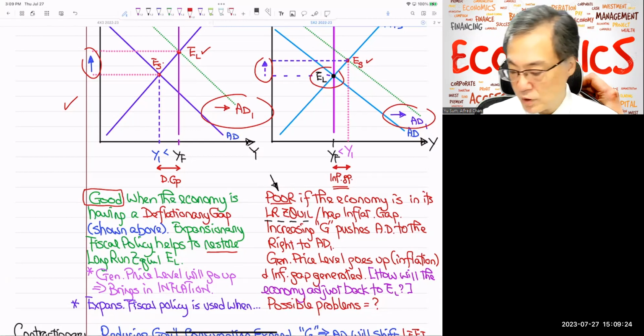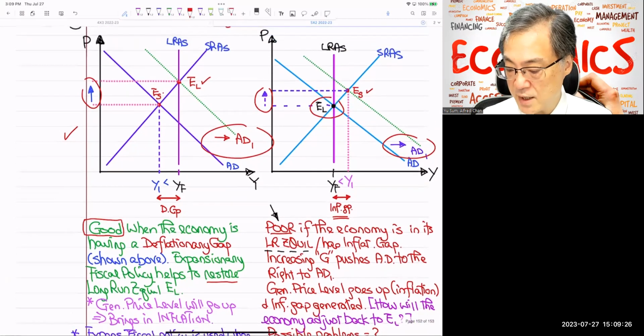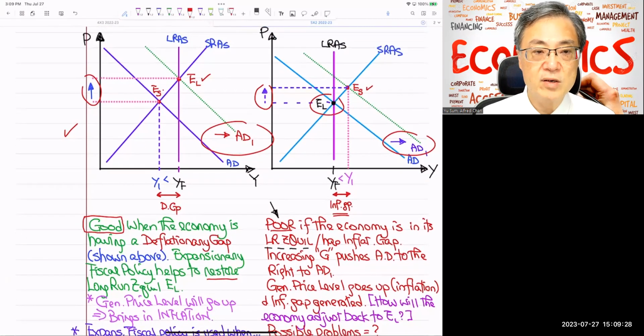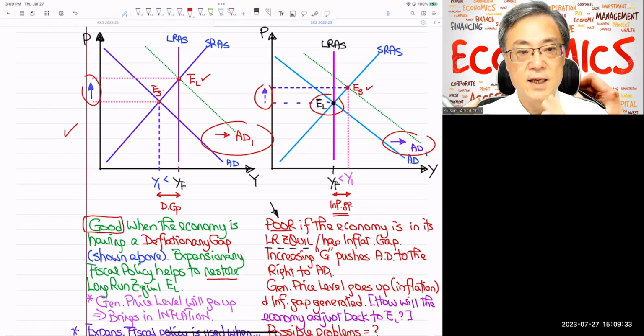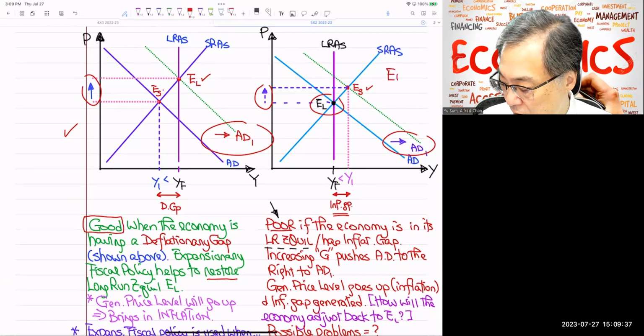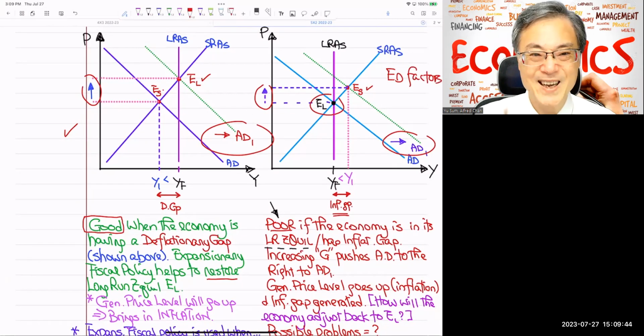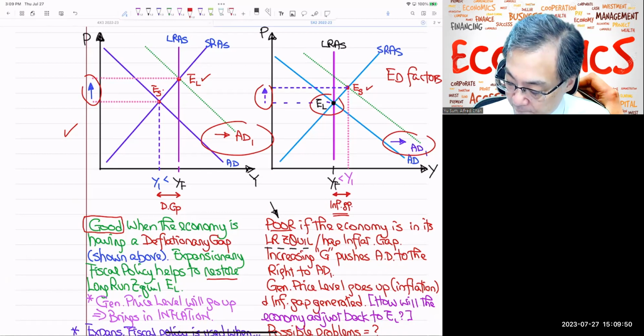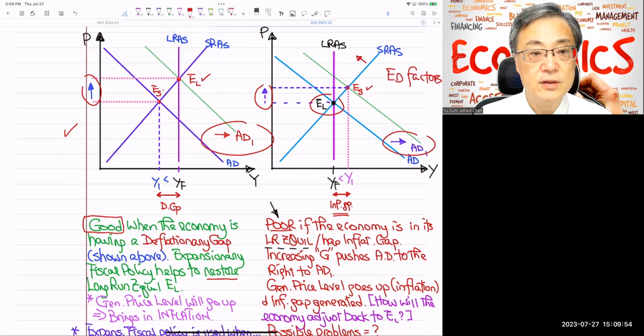Now, if you still recall your chapters 17 and 18, how will the economy adjust back? Well, you have an excess demand for factors, not just labor, but factors. So the cost of production is going to go up, and your SRAS is going to shift left.